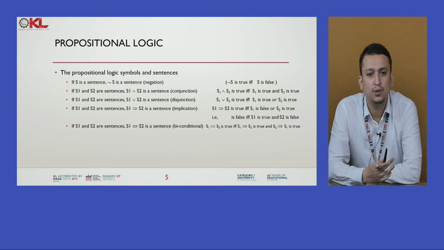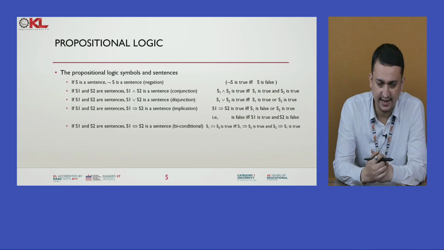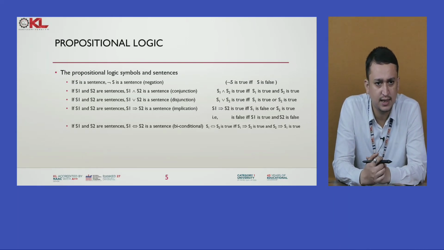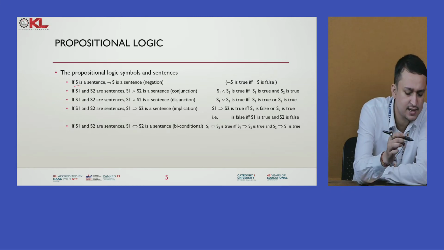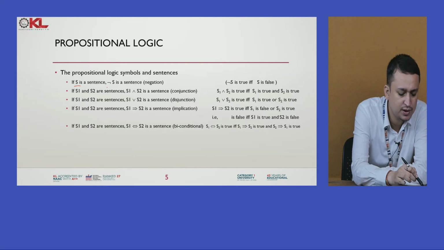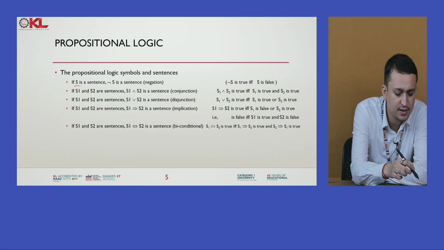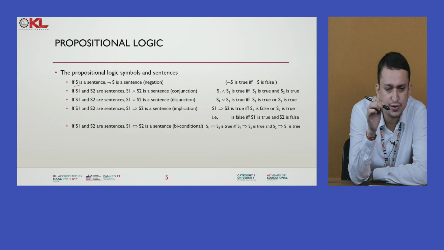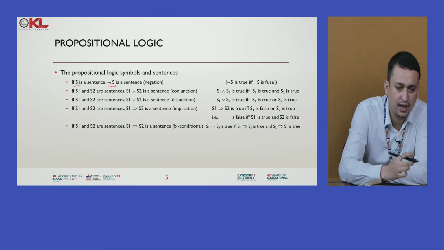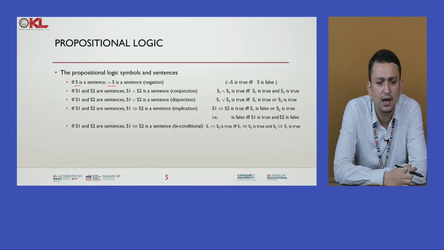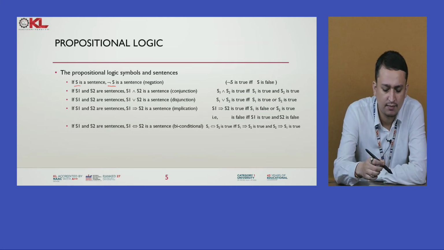Let's look into the symbols and the sentences we use in propositional logic. Let us consider S as a sentence. If we put a negation in front of S, that means that particular sentence is not true. We have already dealt with this type of symbol in discrete mathematics and in digital logic design also.